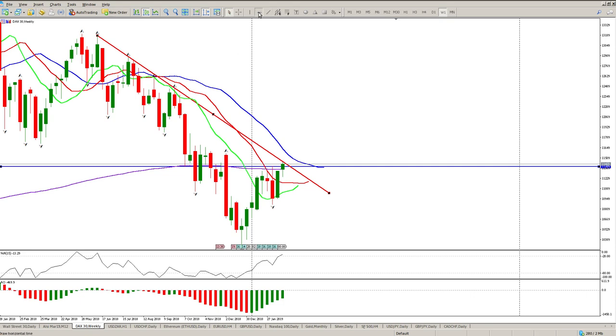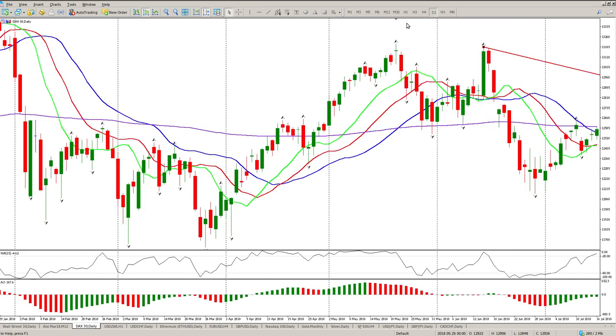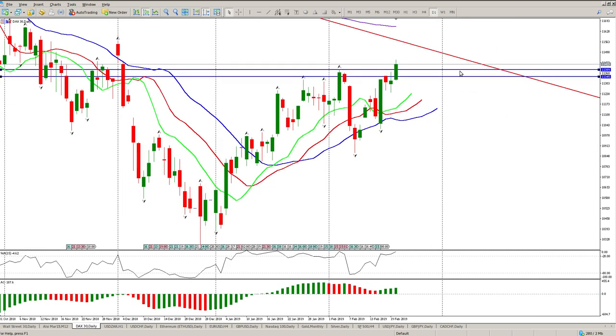Okay, what I want to do is just put the 200 moving average in there, and then let's break it down. This is still really messy. We had a big move down, we've had a move up, and I'm assuming that the second move has pretty much happened.